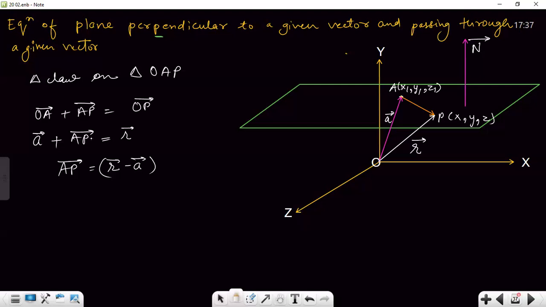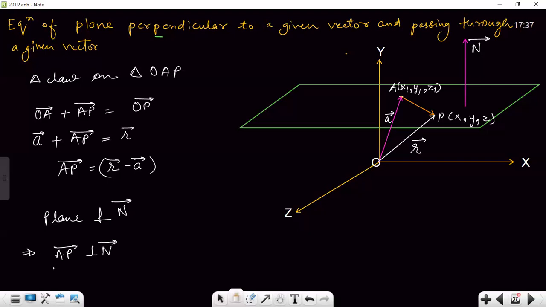Now AP vector is a vector on the plane, and the plane is perpendicular to the given normal vector. So AP vector will also be perpendicular to the normal vector to the plane.